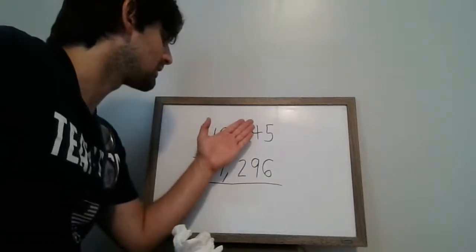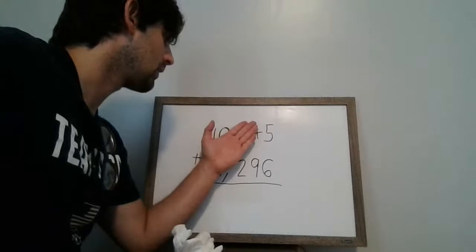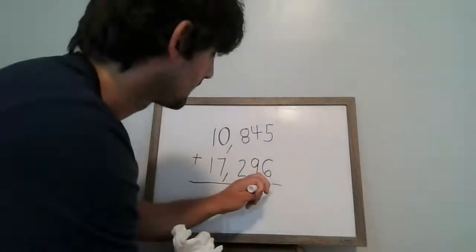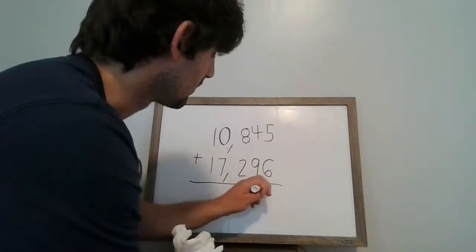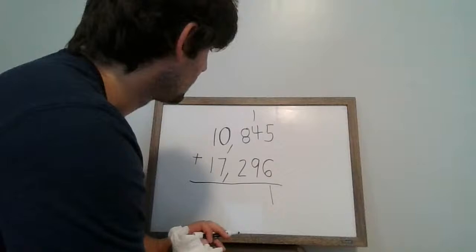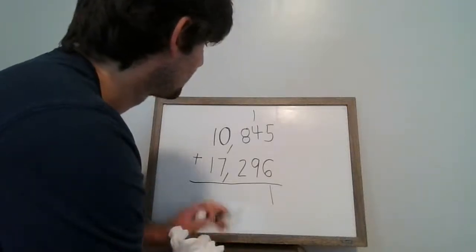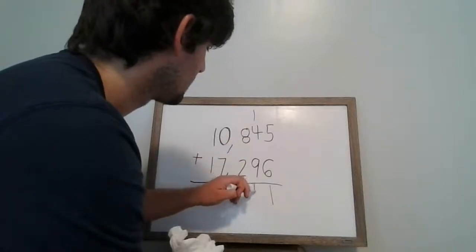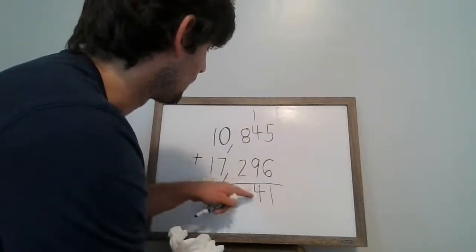So 5 plus 6. Looking all the way to the ones place, 5 plus 6 equals 11. So I'm going to put a 1 in the ones place. Carry the 1 over. 4 plus 9 equals 13, plus 1 more is 14. So I'm going to put 4 in the tens place.